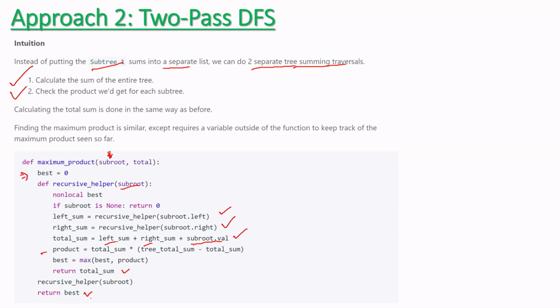So in this way we traverse each node and calculate each subtree sum, multiply it with the total sum, store the best, and finally return the best, recursively.